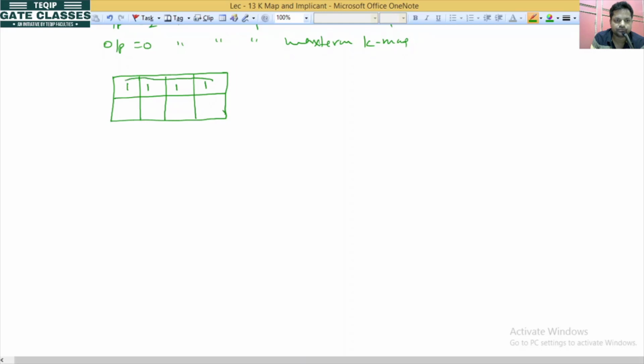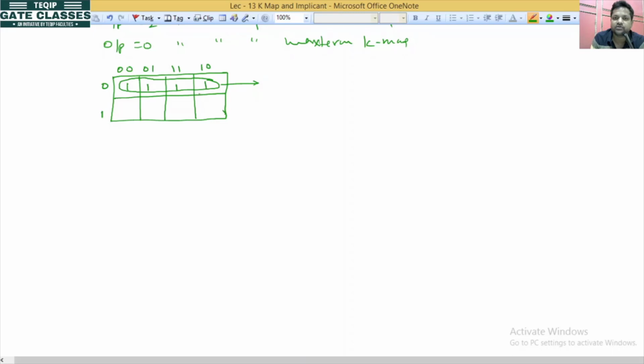I want to group them. So we have to group here because you write here 0 1, it will be 0 0, 0 1, 1 1, 1 0. So all cells are adjacent. See here 0 0 is adjacent to 0 1, 0 1 adjacent to 1 1, 1 1 adjacent to 1 0. So you can group this one like this.